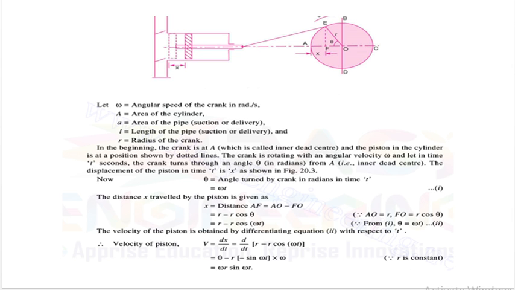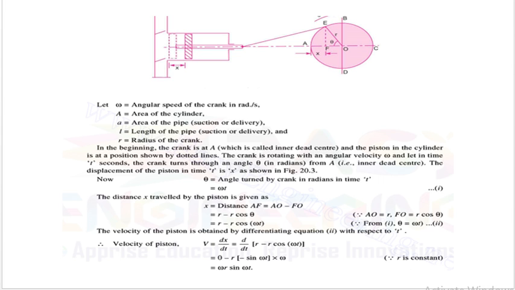The crank is rotating with an angular speed omega, and let in time t seconds the crank turn through angle theta from A. If the crank is at A, it starts rotating with omega and makes angle theta and reaches the position E in time t seconds.